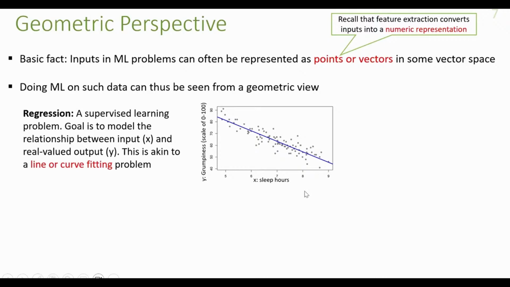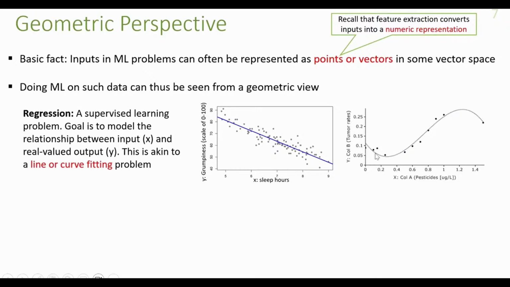So in regression, given some inputs, we are predicting a real valued output. And we can only predict this when we know the input to output relationship. This relationship can be linear, can be non-linear. For example, in this case the relationship is linear because we are learning one line, right?